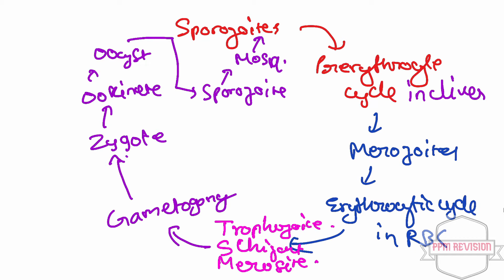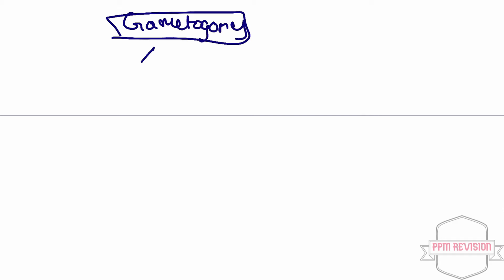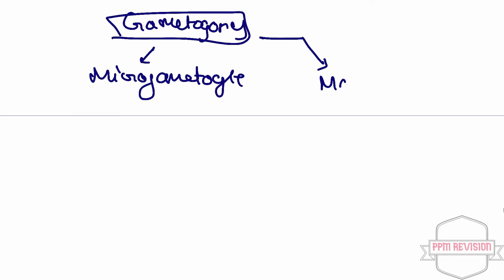So now I'll be focusing on this stage, what exactly happens here. I spoke about the gametogony. So here what is happening is there is microgametocyte and macrogametocyte.